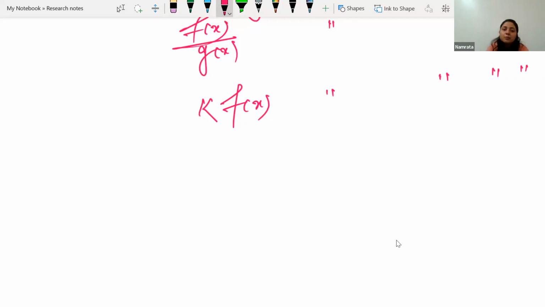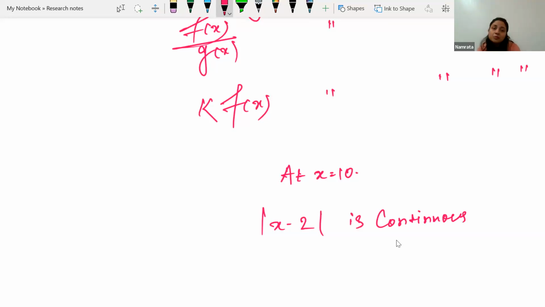Suppose we have an example: at x equals 10, is mod of x minus 2 continuous? Yes, it is continuous. We have discussed that the modulus function is continuous everywhere. So at x equals 10, it is continuous, obviously. We still need to discuss the trigonometric functions.